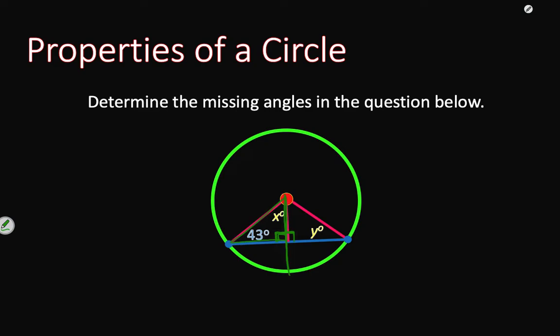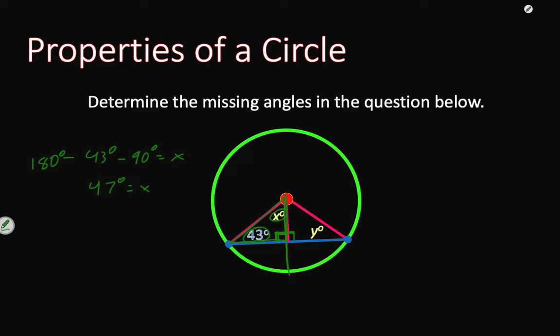In the last lesson, we said that all of your angles in a triangle have to add up to 180 degrees. So that means that this 90 plus this 43 plus whatever x is has to give you 180. So if I want to know what x is, I can subtract out the 43 and subtract out the 90, and that will tell me. When I do that, I get an answer of 47 degrees.